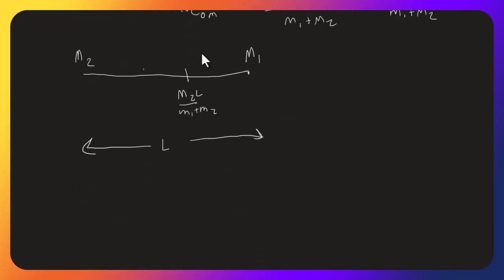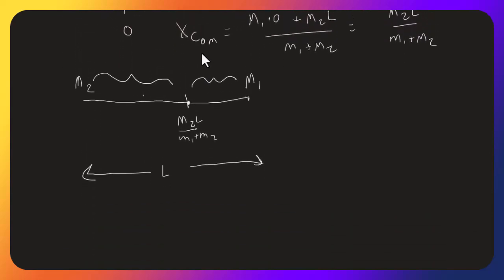Okay, so now they've switched places. The only thing we know the coordinate of is this one right here, but we know that this distance, the distance from M1, has to be M2 L over M1 plus M2. And this distance has to be L minus M2 L over M1 plus M2.